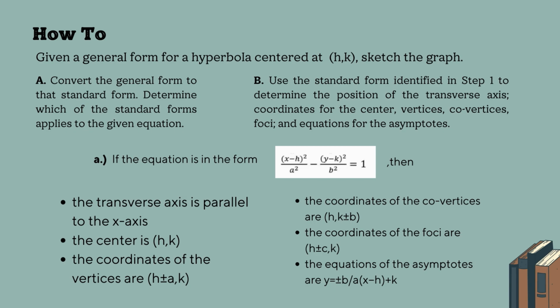The coordinates of the vertices are (h ± a, k). The coordinates for the co-vertices are (h, k ± b). The coordinates for the foci are (h ± c, k). And the equations of the asymptotes are y is equal to ±(b/a)(x - h) + k.